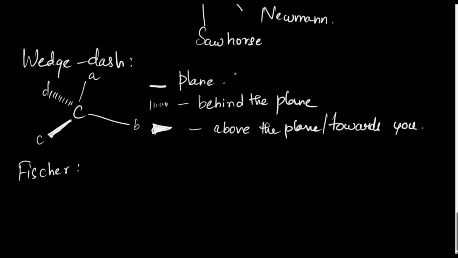Fisher projection is writing as a cross. For example, we saw that in RS notation as well, like this.